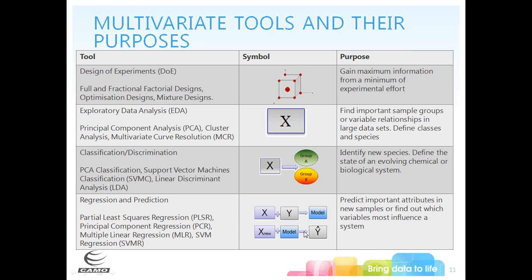Oftentimes our objectives are to be able to predict quantitatively a new value from samples after having built a model from different variables that have been measured over calibration samples. For this we use regression modeling, most commonly partial least squares regression, PLS. We also have the ability to use principal component regression, multiple linear regression, or support vector machine regression.